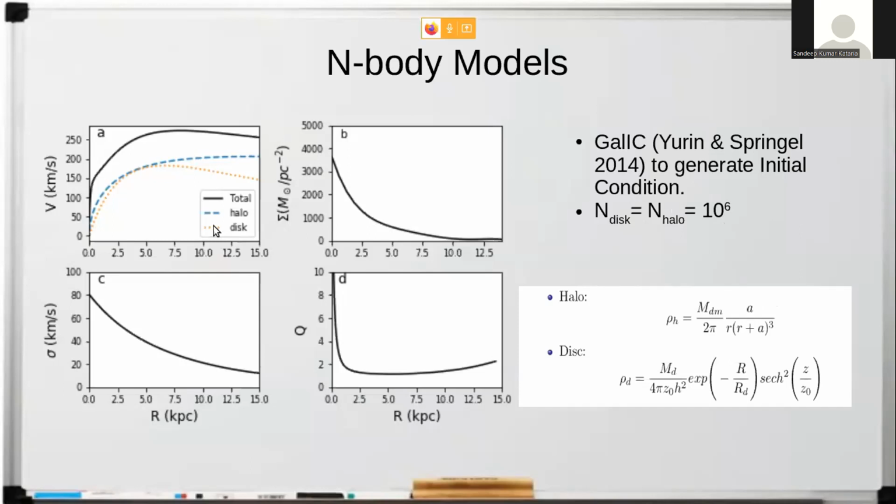The left figure shows more details of our initial conditions, where you see the velocity is shown in the top left, with the individual contributions from the components shown in dashed lines, from the disk and halo. Then the surface density decreases kind of exponentially, and sigma is also decreasing as you go radially outward. And the Q parameter, which is the measure of the local instability in the disk, is greater than 1 at all radii.